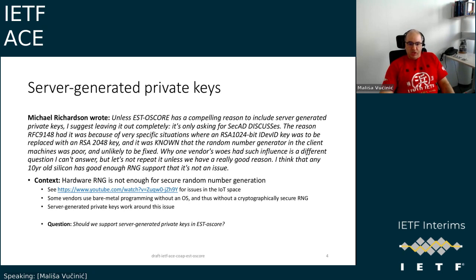The main question is whether EST-CoAP should follow RFC 9148 and support server-generated keys, or rule them out altogether. Do we have any comments on this?